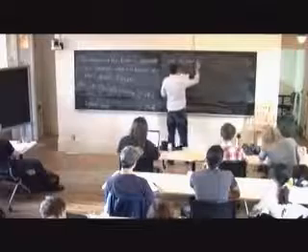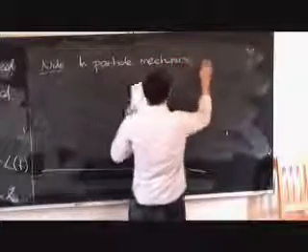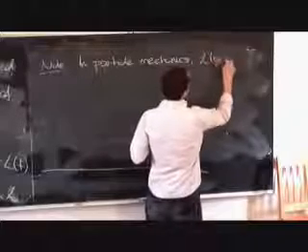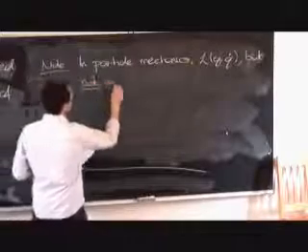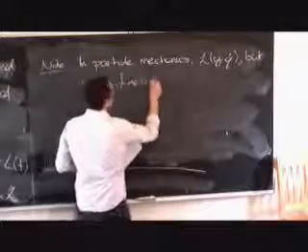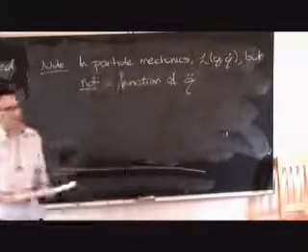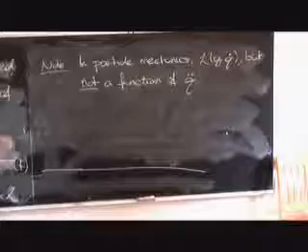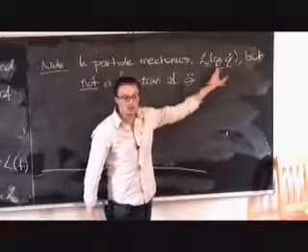So in particle mechanics, L is a function of q and q dot, but it's not a function of the acceleration. The whole framework of Lagrangians, as we first learn it, requires that it's only a function of q and q dot.